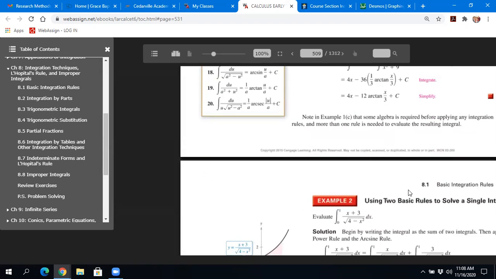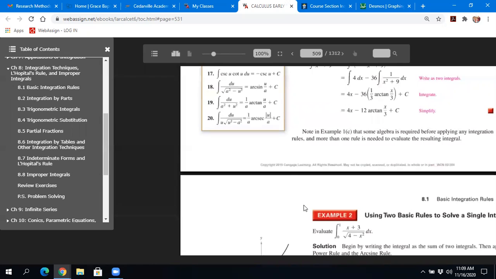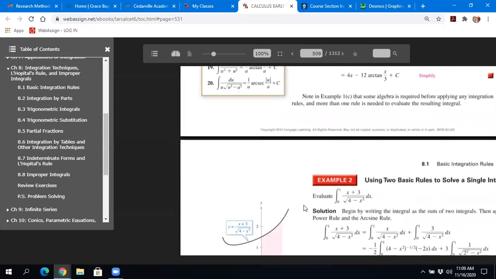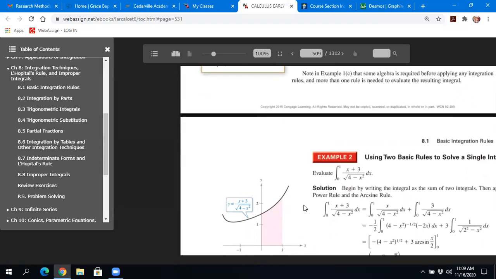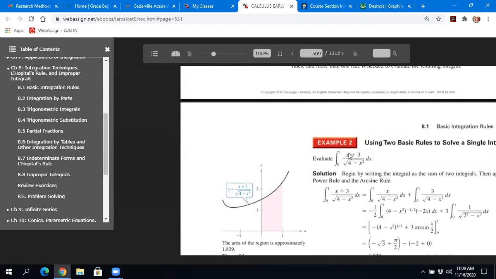I want to go into, oh, by the way, what would you do here? What would you be inclined to do on, well, they're already kind of giving it away right here. You can kind of see. Look at this one right here. The integral of x plus 3 over the square root of 4 minus x squared.